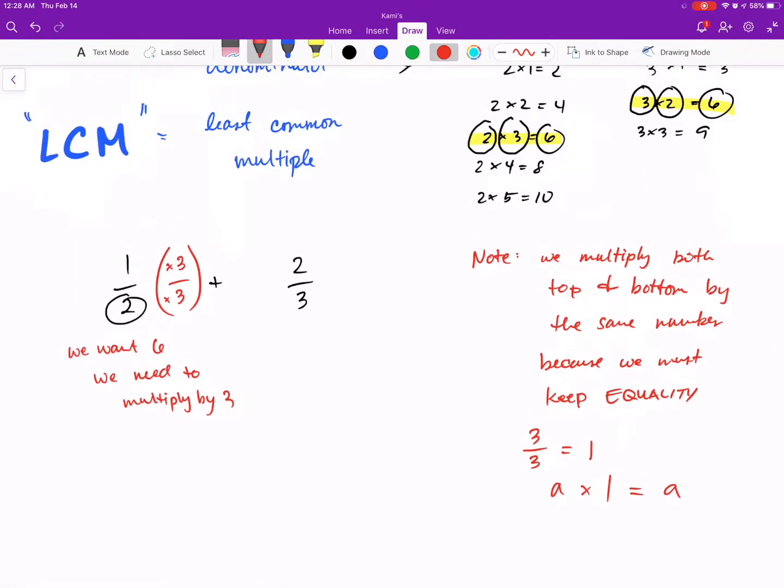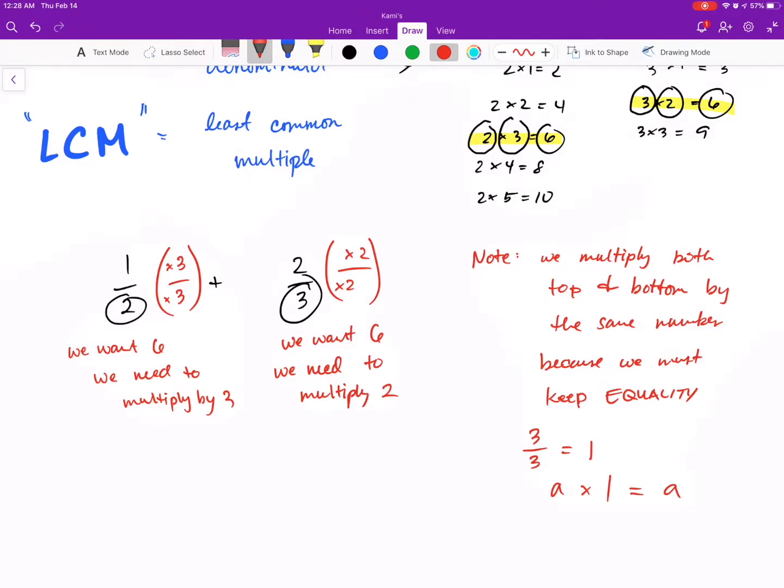So with that, right, we have 3. But we want 6, and we need to multiply by 2 to get 6. So I'm going to multiply this side times 2 over 2.